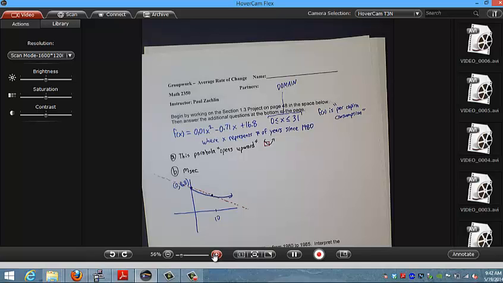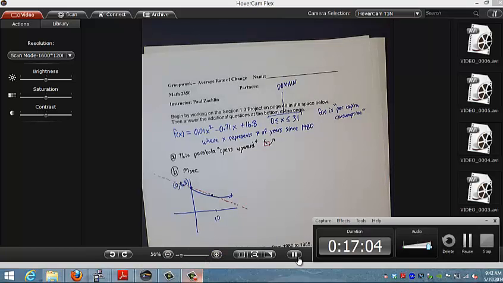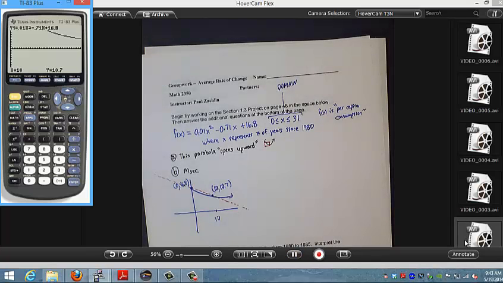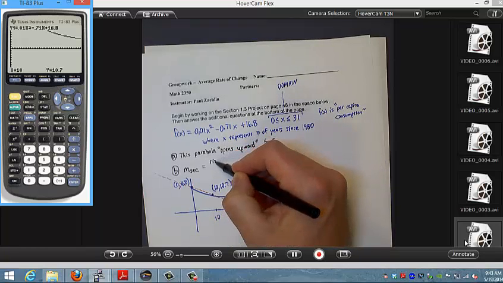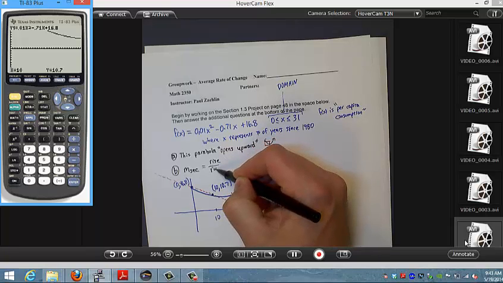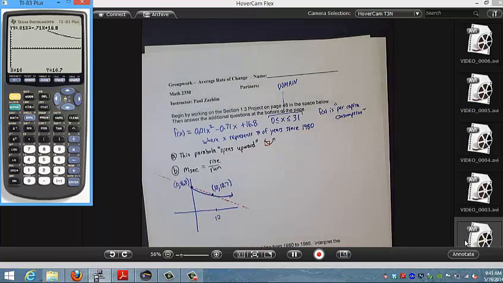Actually, you may remember some things about slope. Why don't I pause and let you talk to your group about how you might find the slope of that line. That'd be worth talking about. I'm going to write down a few things that I heard as people were talking about this. One of the things I heard about slope is that slope is rise over run. And I heard some other things too.